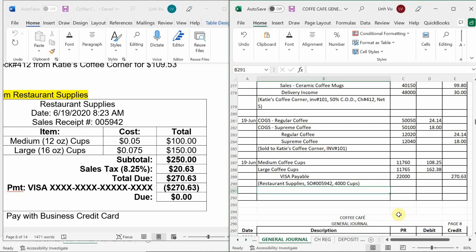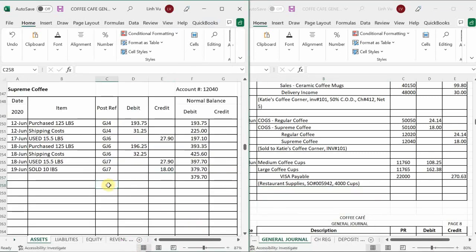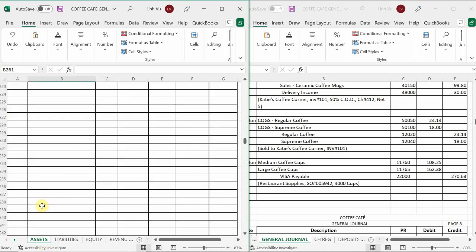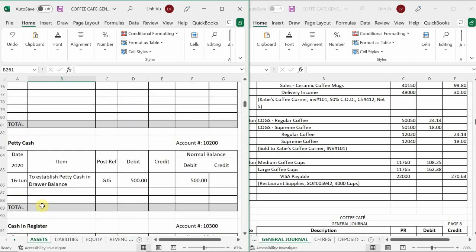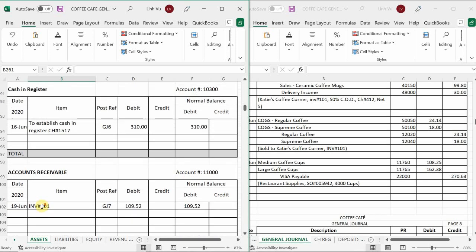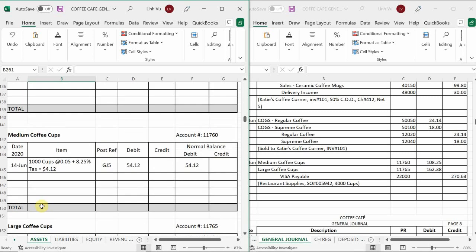So where do I need to go next? We need to go to the sub ledger. No, general ledgers. Okay, so business supplies. Here we are, medium coffee cups.